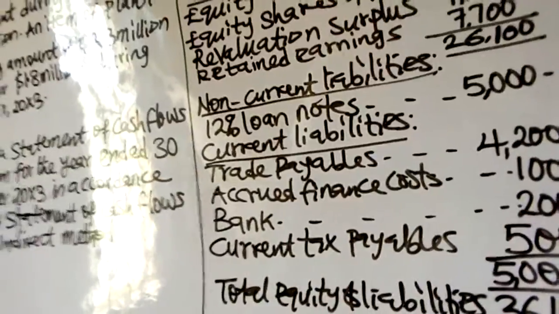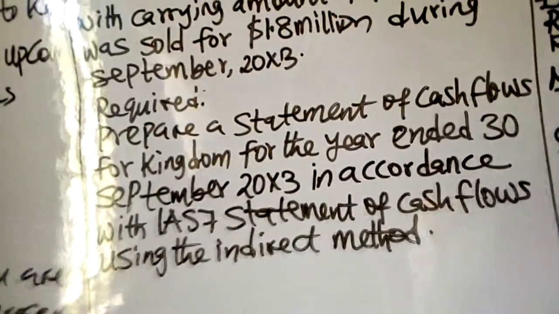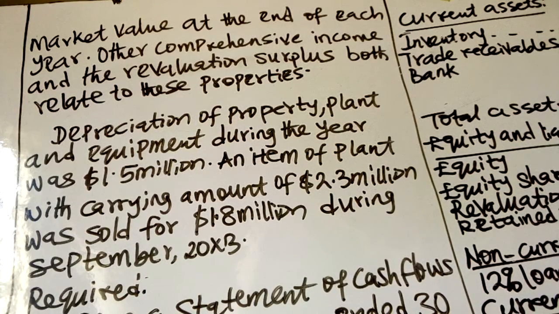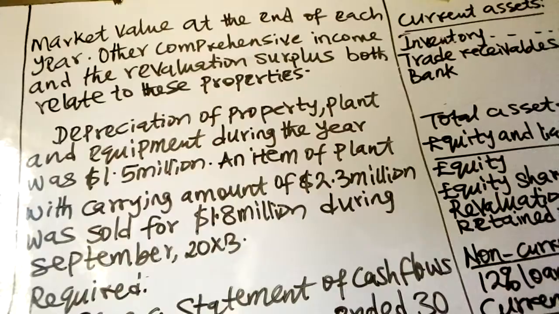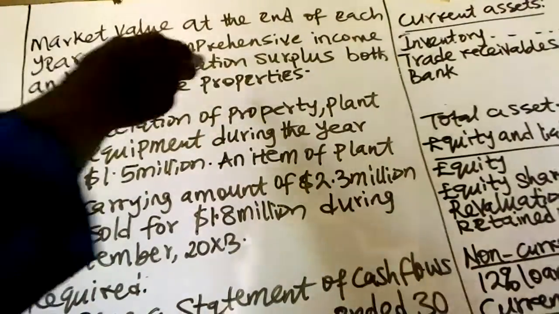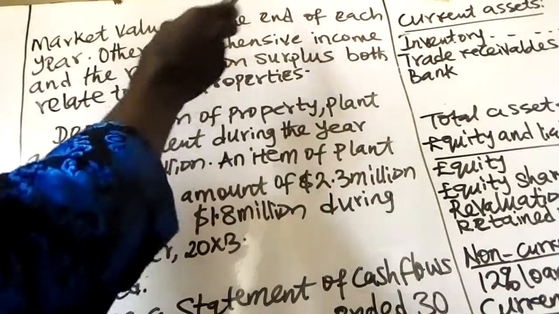to market values at the end of each year. Other comprehensive income and the revaluation surplus both relate to these properties.